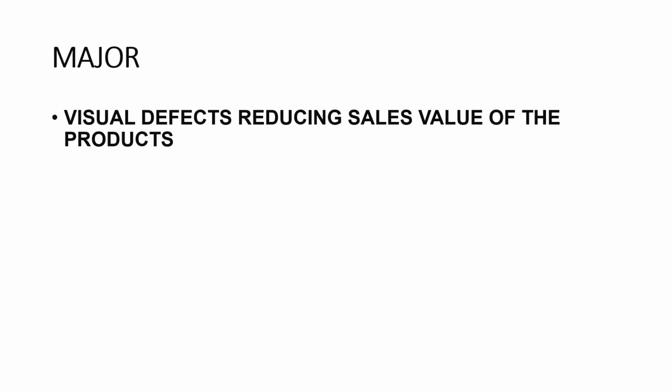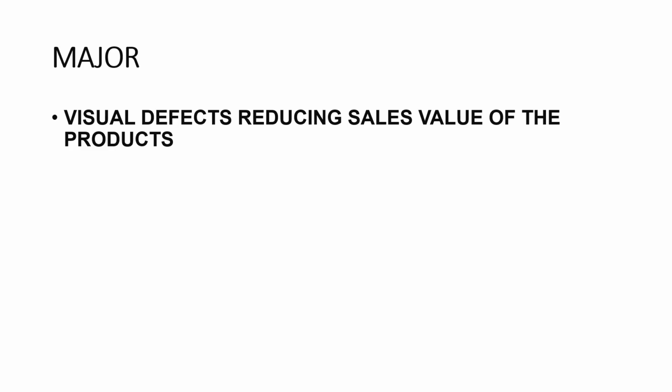Now, what are the other major features? This particular kind of defect is a visual defect, and if such major defects are there, it can reduce the sale value of the product. In many discounted stores, during festival seasons and other seasons, you can find a lot of sales.